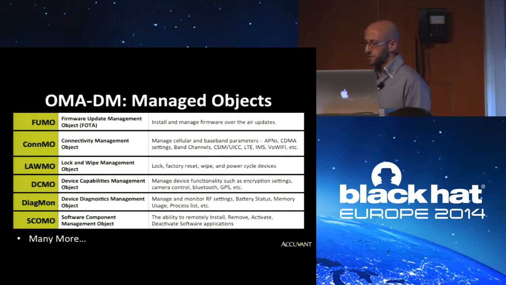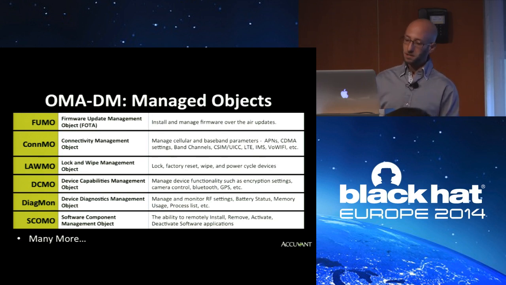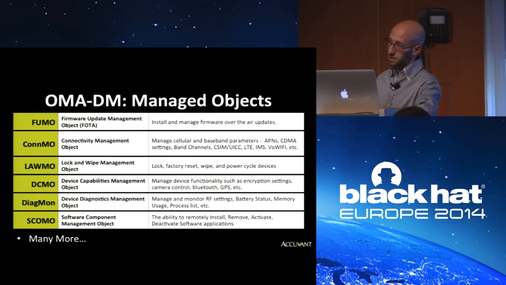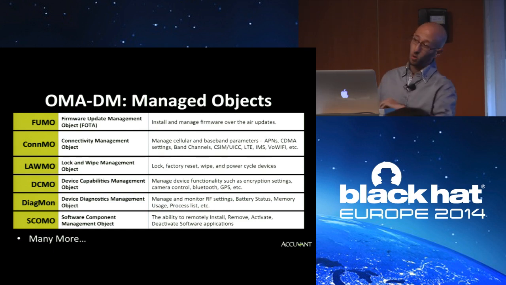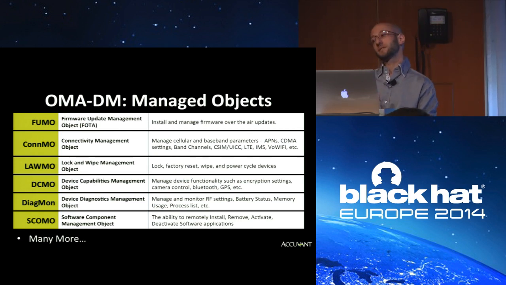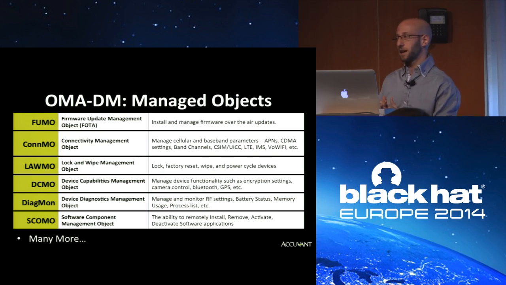Now getting into the more interesting ones. LAMO, which is lock and wipe management, gives the carriers the ability to remotely lock, factory reset, wipe, and power cycle your phone, and more. Device capabilities management is a lot like an MDM.